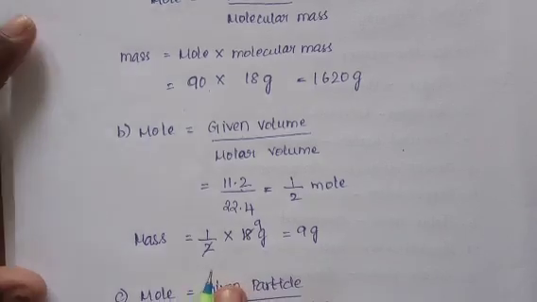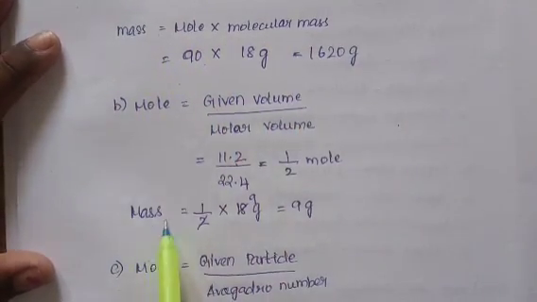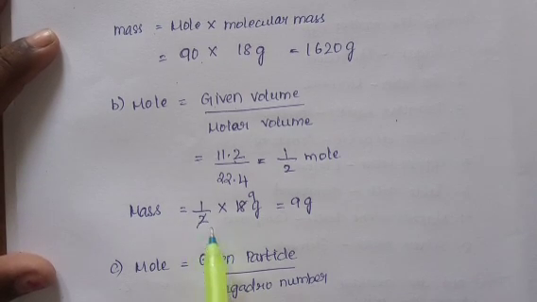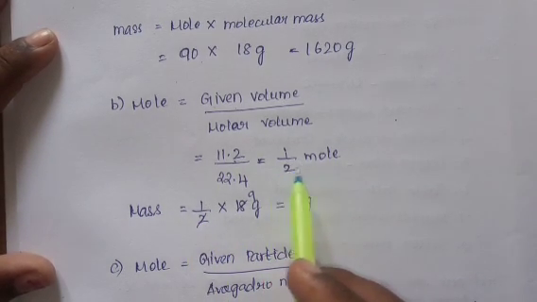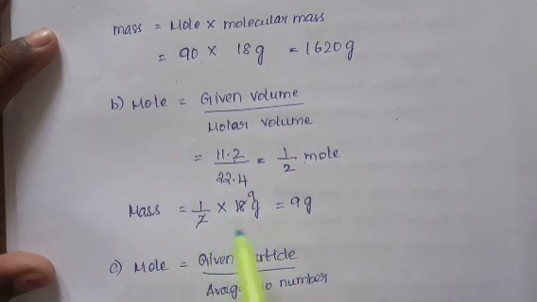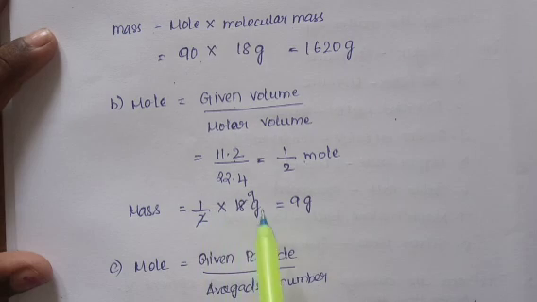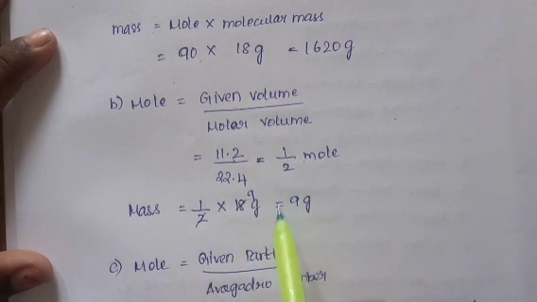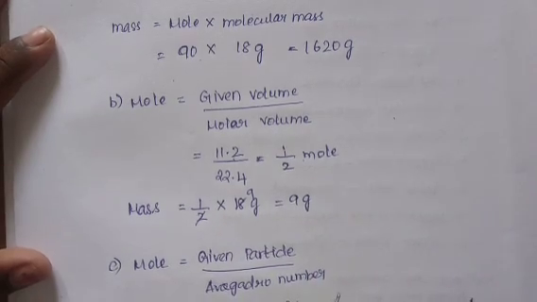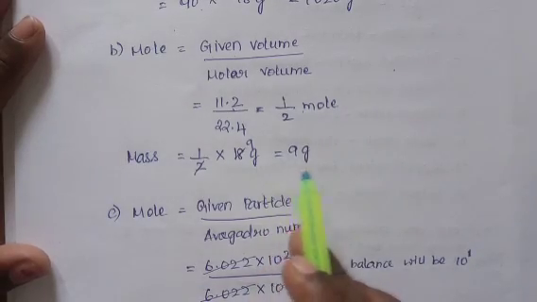Next we use the formula mass is equal to mole into molecular mass. Since we got the half mole from the volume, we calculate with this: half into the molecular mass of water, 18, which is 9 gram. So it is also not equal to 180 gram of H2O, because it is less than 180.